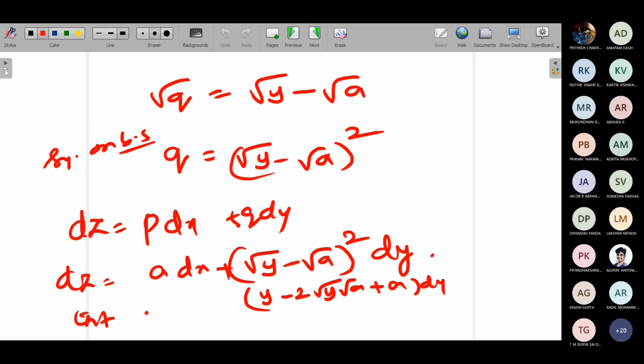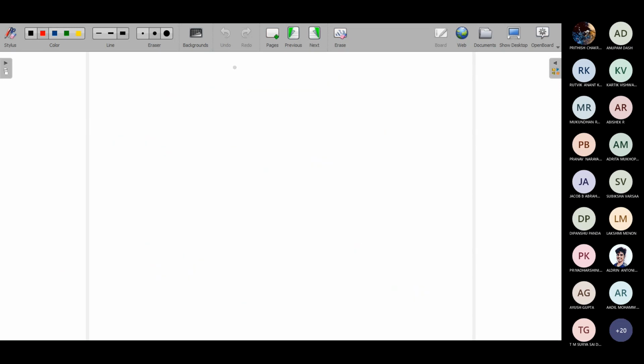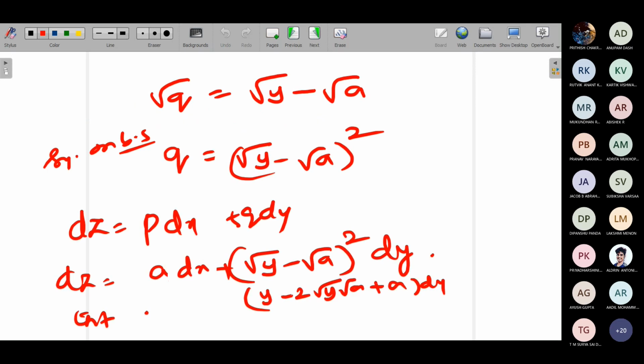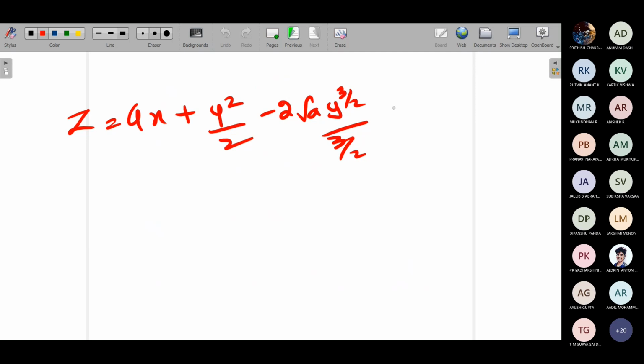The second term will be minus 2 root a into y power 3 by 2 divided by 3 by 2, plus ay, plus c.